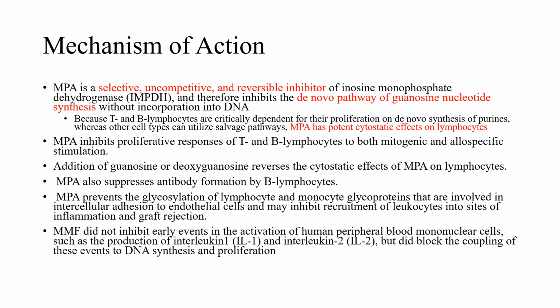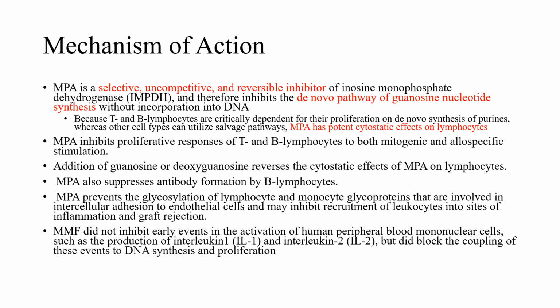So what is the mechanism of action of mycophenolate mofetil? It is a selective, uncompetitive, reversible inhibitor of inosine monophosphate dehydrogenase. This enzyme is involved in the de novo pathway of guanine nucleotide synthesis.